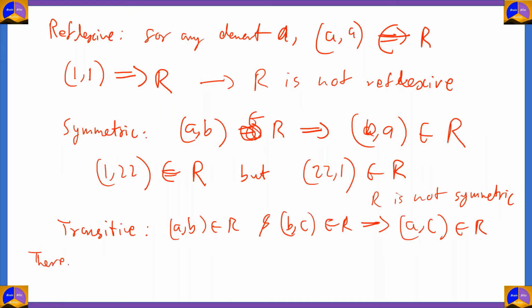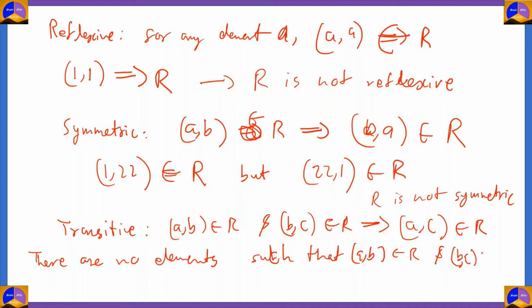So we can write that there are no elements such that A comma B belongs to R and B comma C belongs to R implies A comma C belongs to R. So R is not transitive.